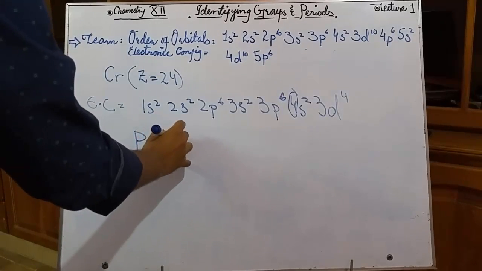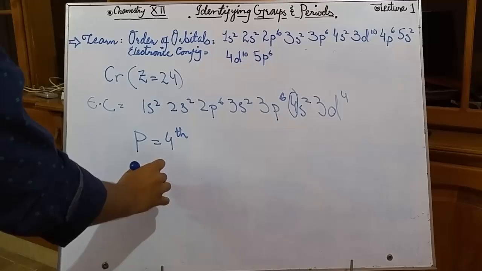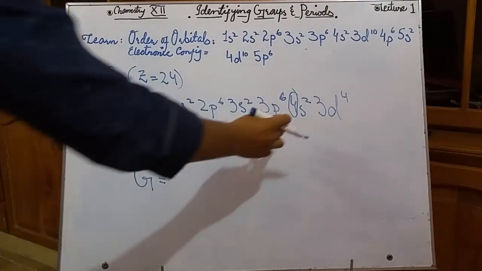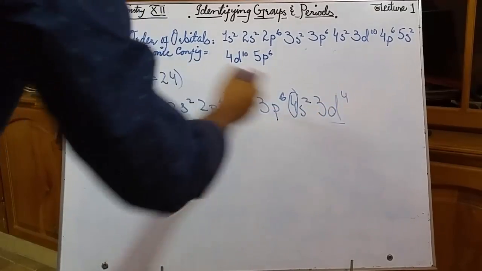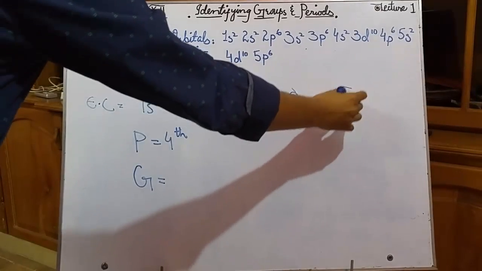Now to find the group, this electronic configuration does not end at the s orbital, rather it ends at the d orbital. So whenever your electronic configuration ends at the d orbital, you need to add 2 electrons to the already present number of electrons on the d orbital. Here we have 4 electrons.